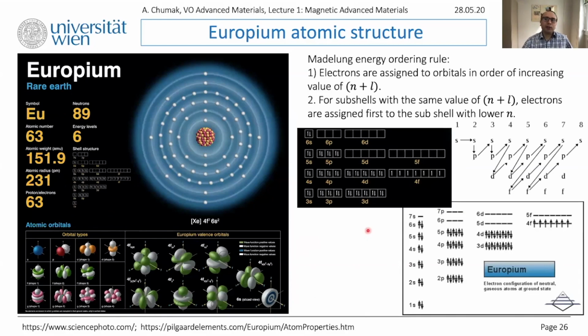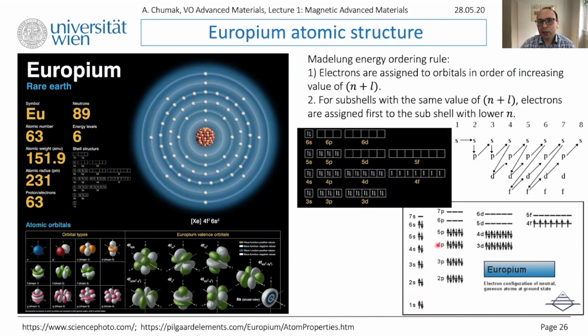The first question you want to ask is, I have so many energy levels given by the principal quantum number n, and how do I fill them? If you go to the inner shells, it's easy. You first fill the 1s shell, then 2s, 2p, 3s, and so on. But starting from some point, you will not be able to simply fill one shell fully and then switch to the next principal quantum number.